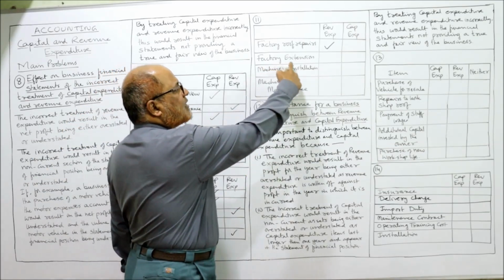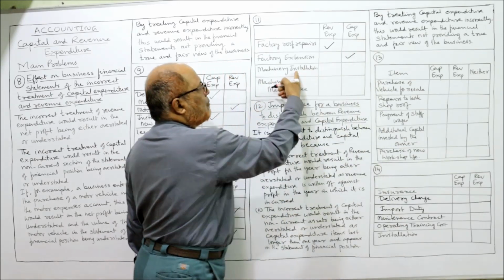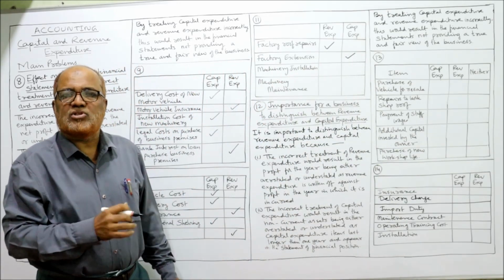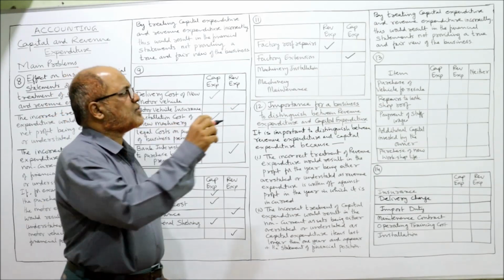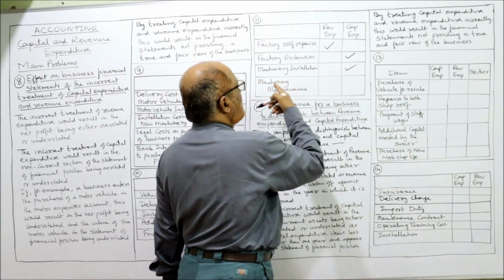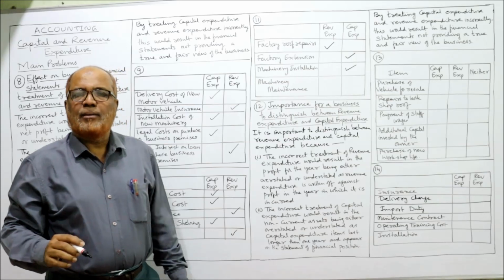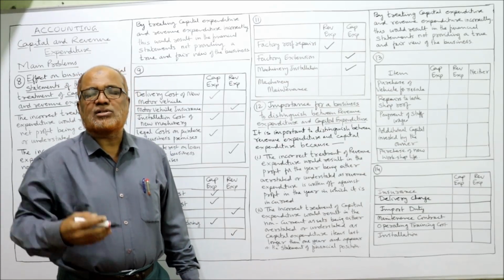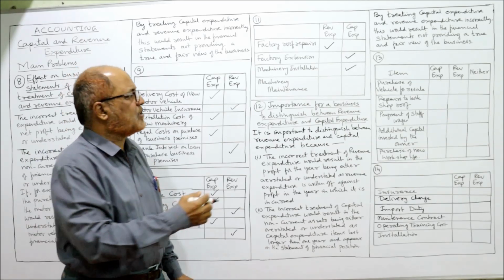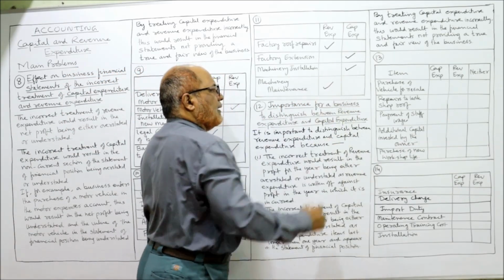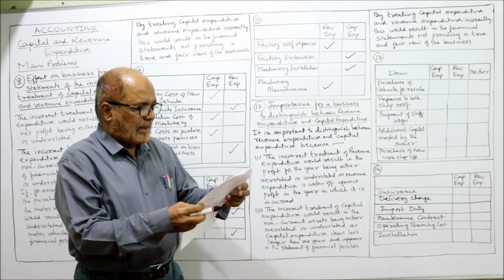So here factory extension is a capital expenditure. Machinery installation, just now I told you, installation will be done only once, capital expenditure. Then last one, machinery maintenance. Maintenance cost is a recurring cost. Again and again expenditure is required for maintenance. It's a revenue expenditure. That's all. Now come to 12th problem.